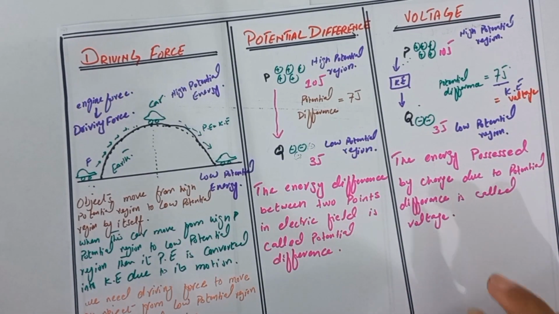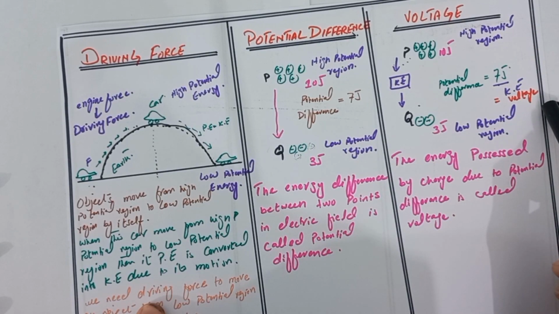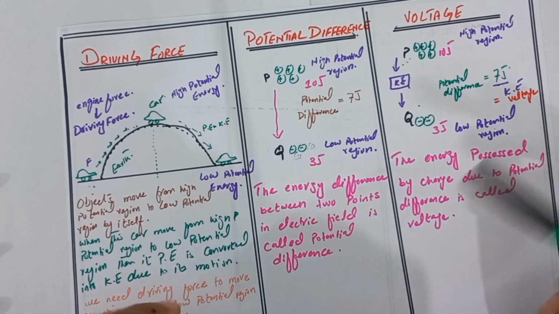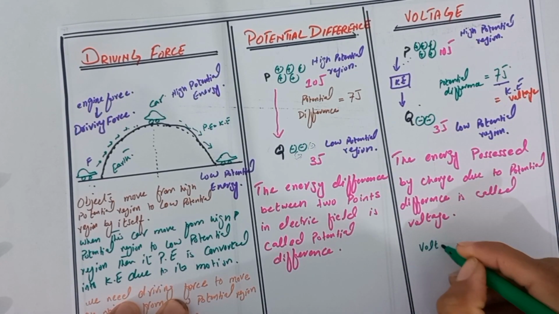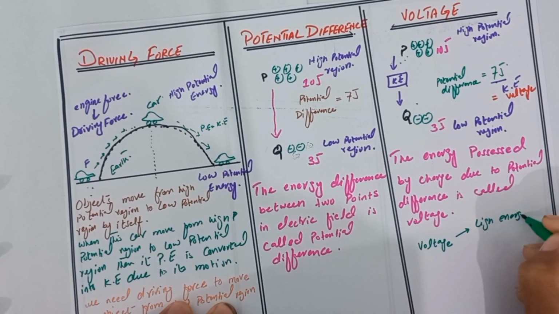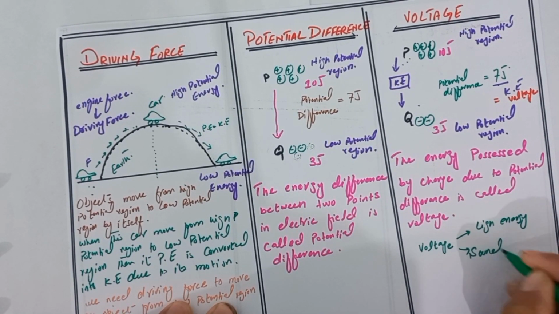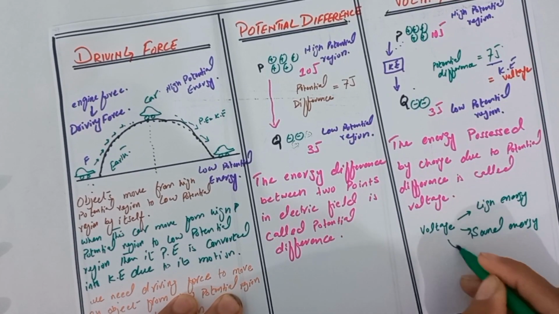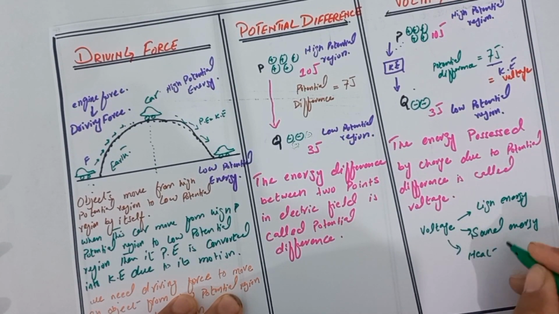Remember that we can utilize this kinetic energy, the 7 joule voltage or kinetic energy, to move the charges. We can convert this voltage to light energy, sound energy, and heat energy, etc.